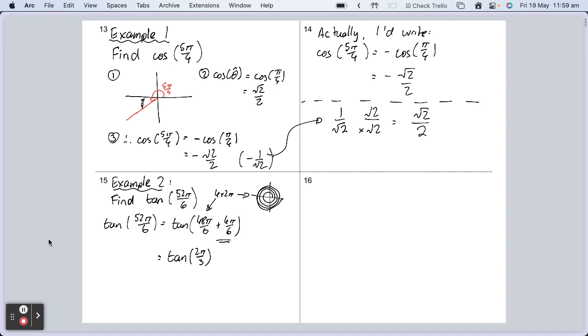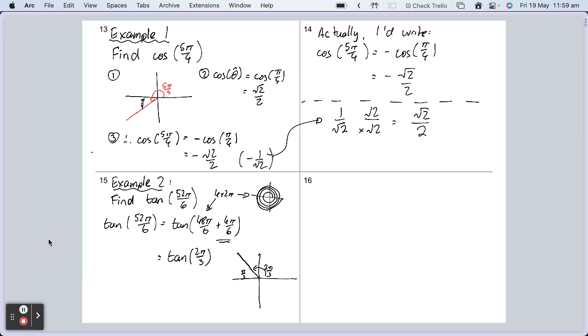So I'll just go over to the side and do my cast diagram. 2 pi on 3. Looking at the number part, can you see that's 2/3 of pi? So 2 on 3 is the number bit, 2/3 of pi. I'm going to have it here somewhere. That's 2 pi on 3. So I need one more to get to pi. So my acute angle is pi on 3.